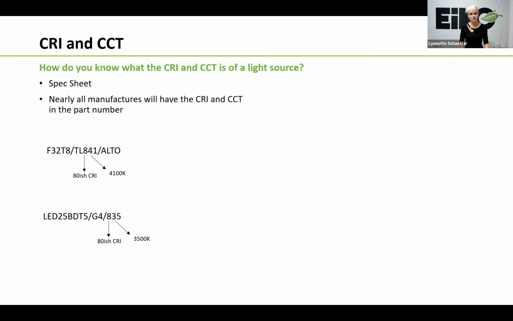This one here says 835, so you know it's in the 80-ish CRI range, and you know it's 3500 Kelvin. Another example, this one here is an LED fixture. In this particular case, this manufacturer actually does a pretty good job of clearly explaining what the color temperature is, and the CRI, in this case, is 70.